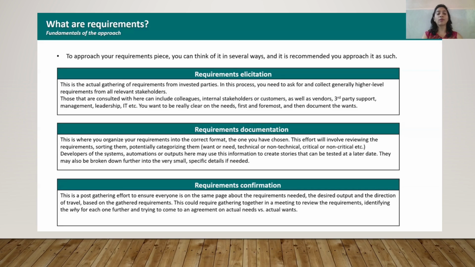In Scrum or SAFe, we have a planning meeting, the PI planning meeting, which should be held before starting the sprints and backlog sprints. We create the product backlog here, identifying the weight of each one and trying to come to an agreement on actual needs versus actual wants.